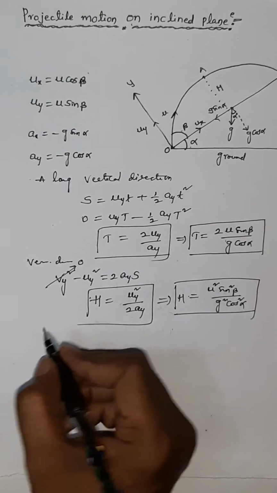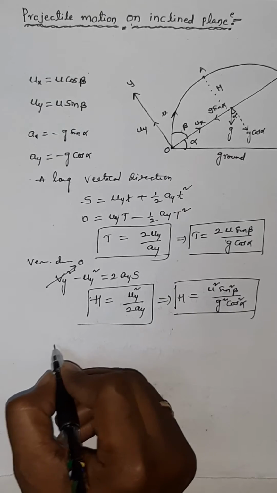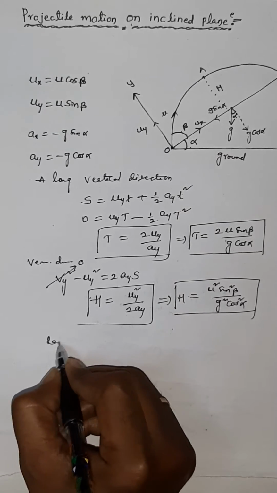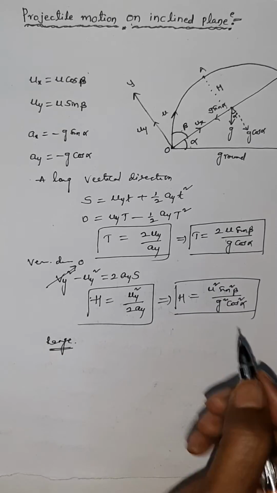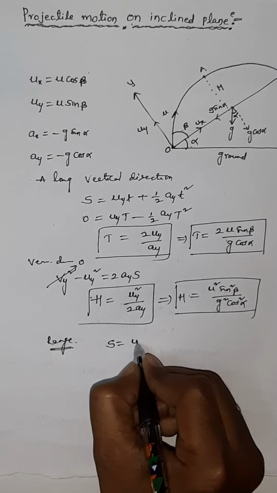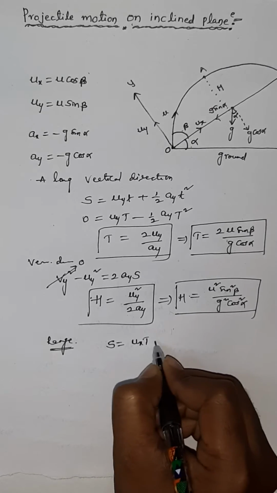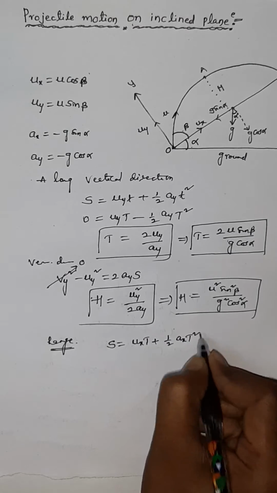And similarly we can find the range. Here O to B, call it the range of the projectile. So the range can be calculated again using equations of motion. So we can write S equals, along the horizontal direction, ux t plus half ax t square.